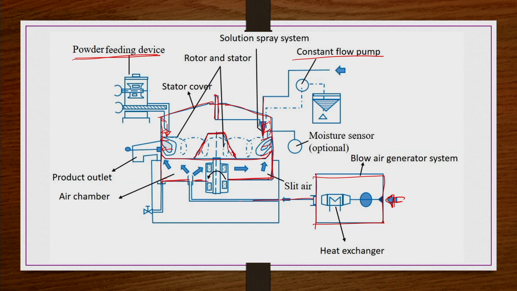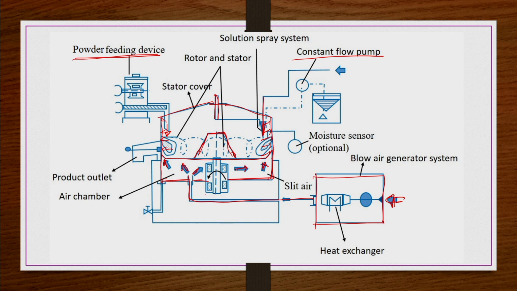That heated air is sent to this slit and then enters the regions where it is heating up the centrifugation device, so that whatever granule material is there can be dried, right.